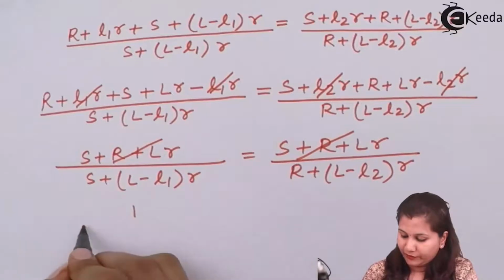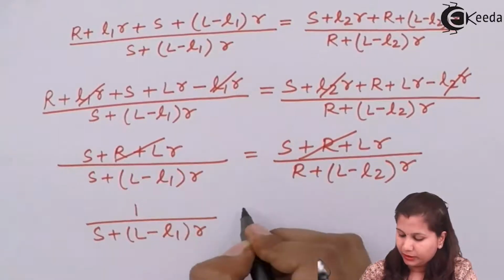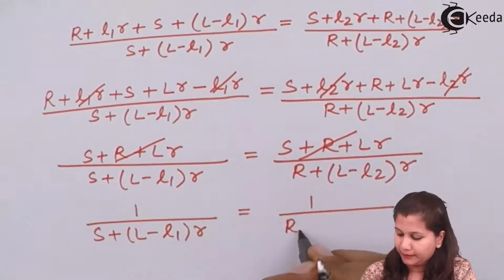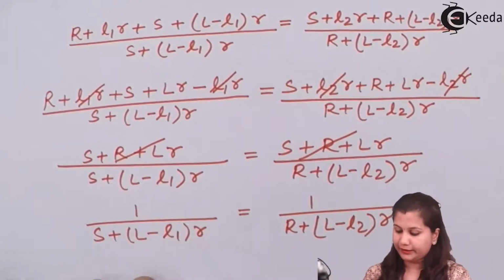So we are left with 1 upon S plus L minus L1 R equals 1 upon R plus L minus L2 R. Let us solve this.